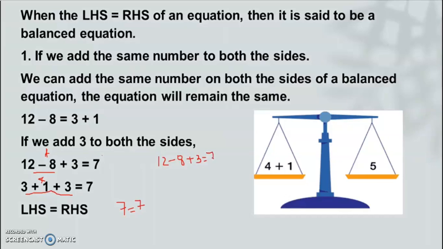So, now 12 minus 8 is equal to 4. 4 plus 3 is equal to 7. Both are the same only, right? There's no difference. But there it's a little different. So, the final conclusion is that the LHS is equal to the RHS.